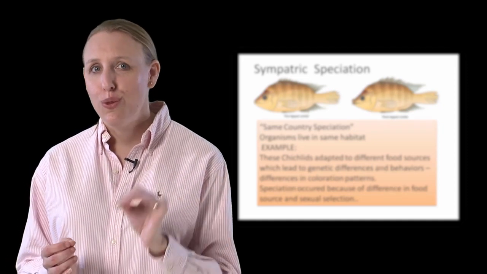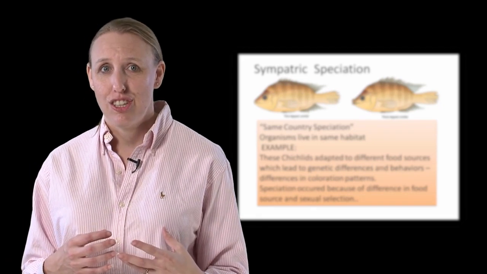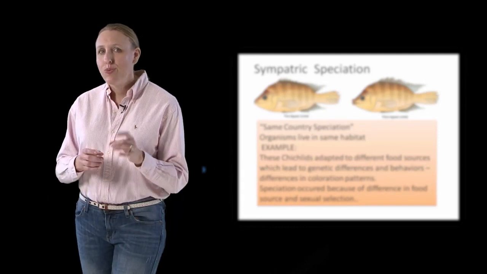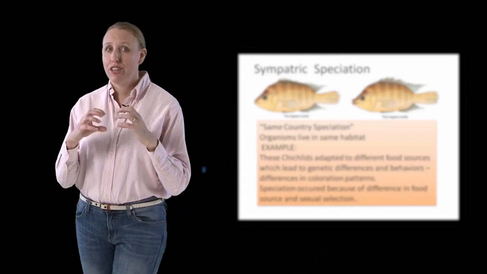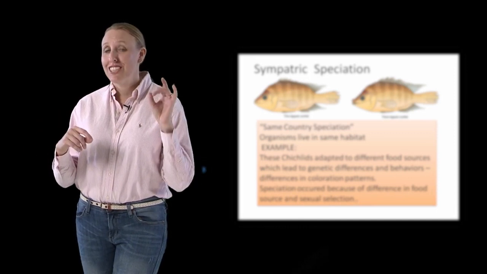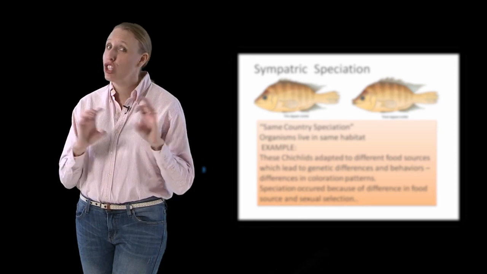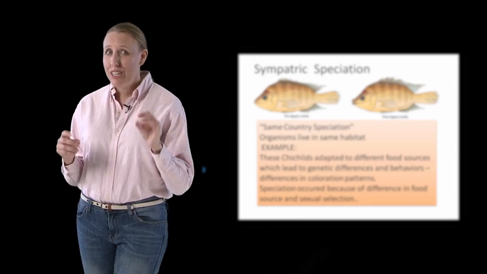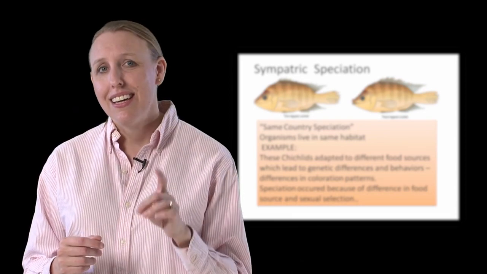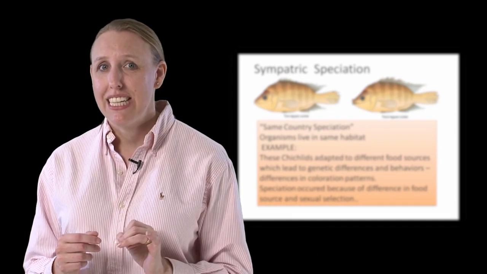And there are two forms of speciation in which this can occur. The first is allopatric speciation. This is where you have a physical geographical barrier that separates a population. Remember, it's going to take many, many, many years for these changes to accumulate. But the point is there's a physical geographical separation. The other type is sympatric speciation.